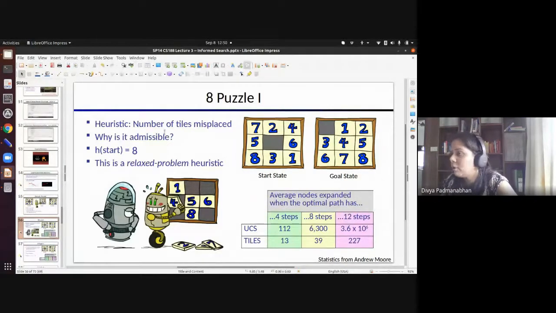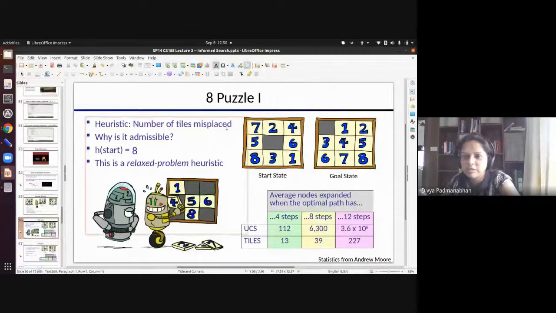So one possible heuristic is the number of tiles that you misplace, because to get to the goal, at least you have to move the misplaced tiles once. So at least that many actions will be there. It could be even more. In that sense it's admissible.